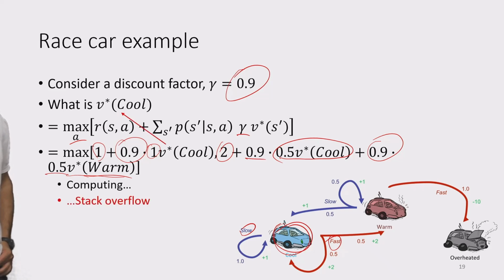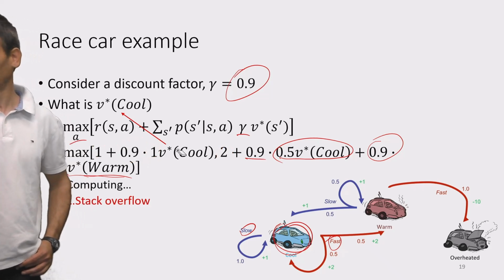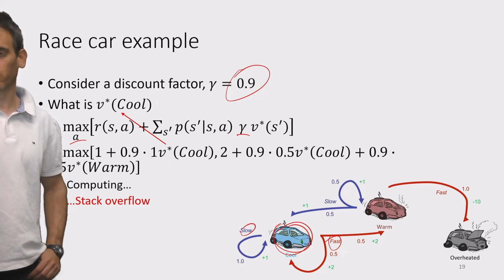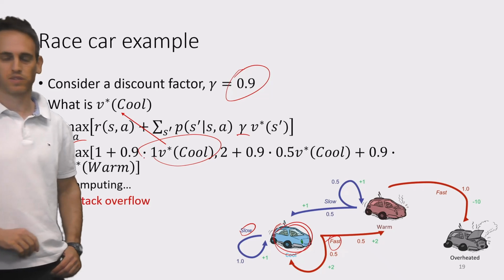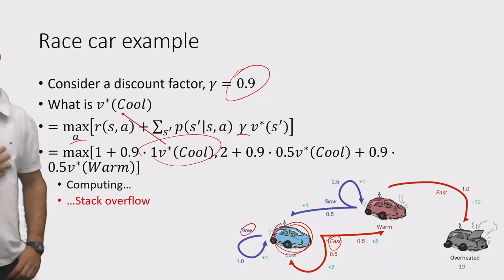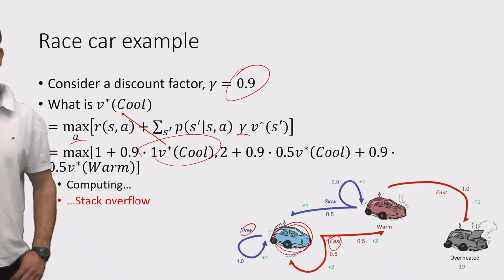Stack overflow, right? Why? Well, we're trying to compute V star cold with recursion and using V star cold without a stopping condition. So we'll get a stack overflow in this case. So how do we address this issue?